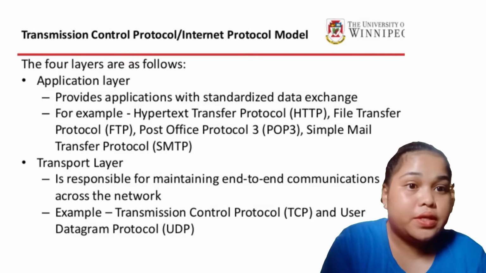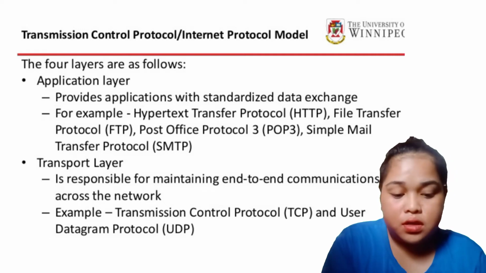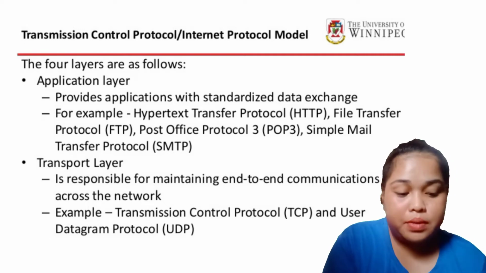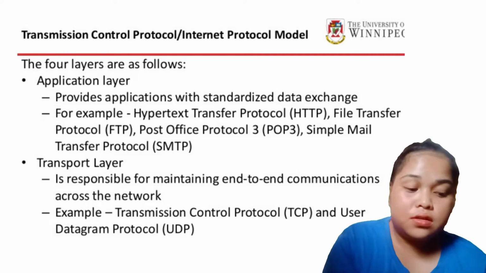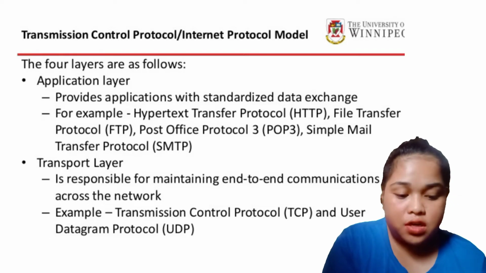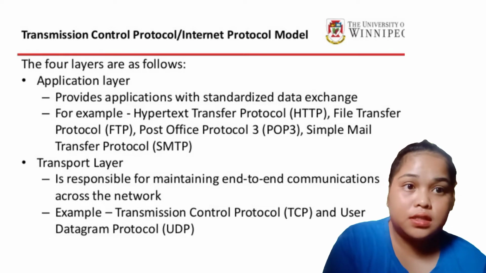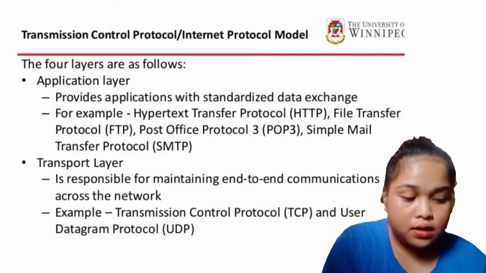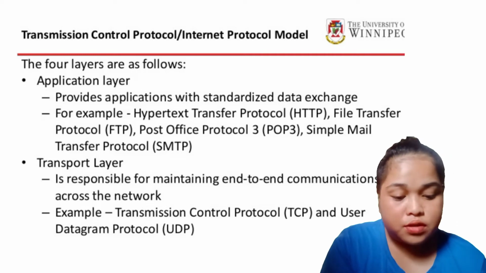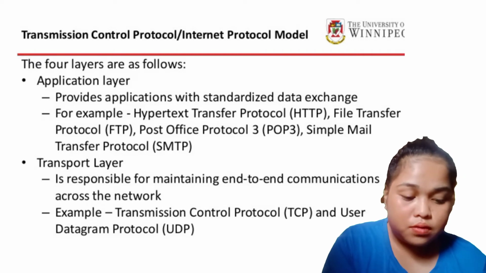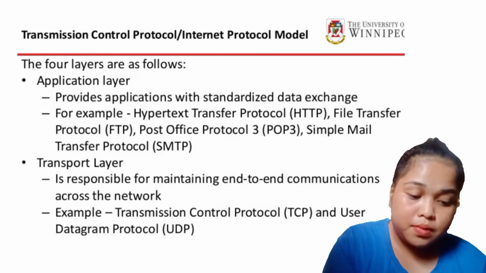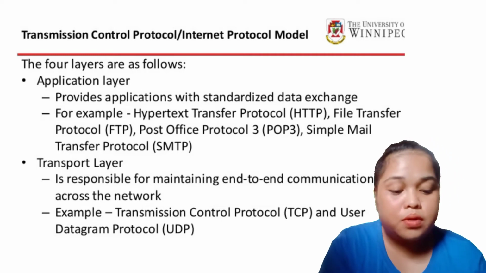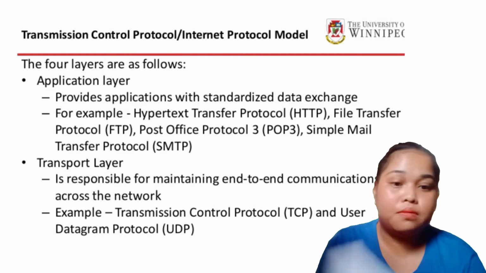The application layer is the first. Application layers provide applications with standardized data exchange, for example, Hypertext Transfer Protocol or HTTP, File Transfer Protocol or FTP, Post Office Protocol 3 or POP3, or Simple Mail Transfer Protocol or SMTP.